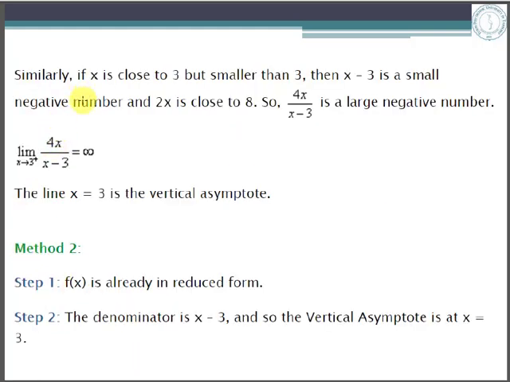Similarly, if x is close to 3 but smaller than 3, then x - 3 is a small negative number, so 4x over (x - 3) is a large negative number. We can see that the left-side limit is minus infinity. So the line x = 3 is a vertical asymptote here.